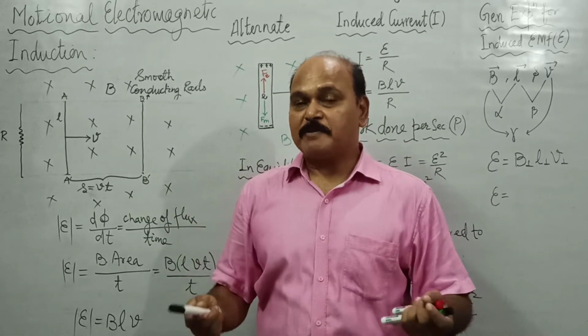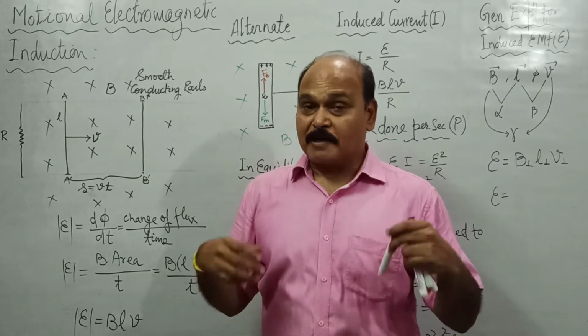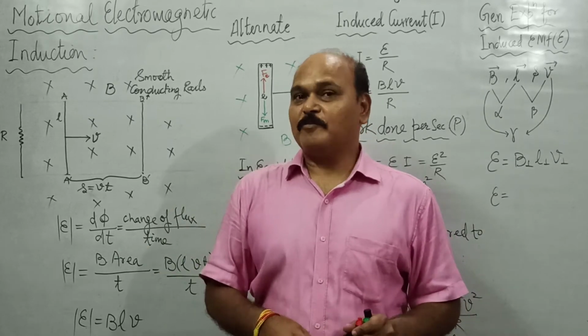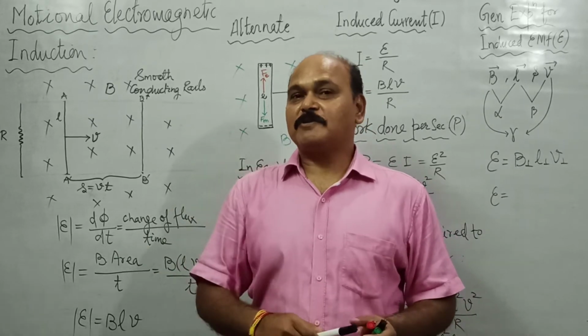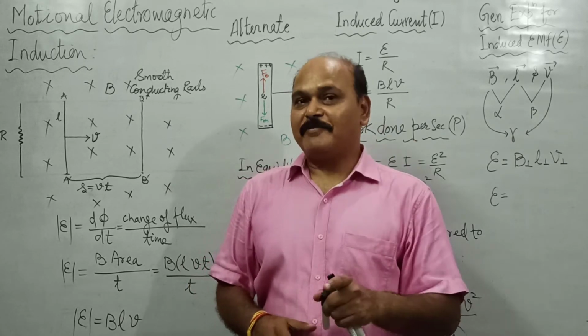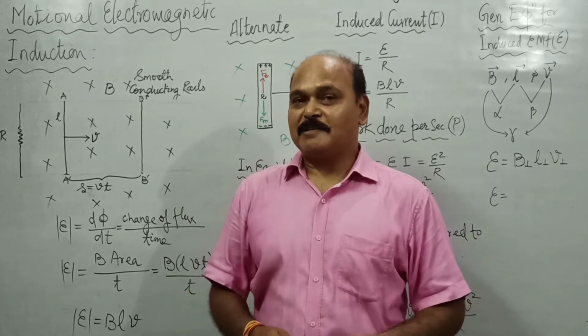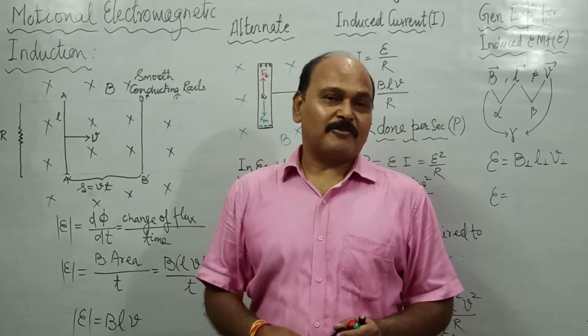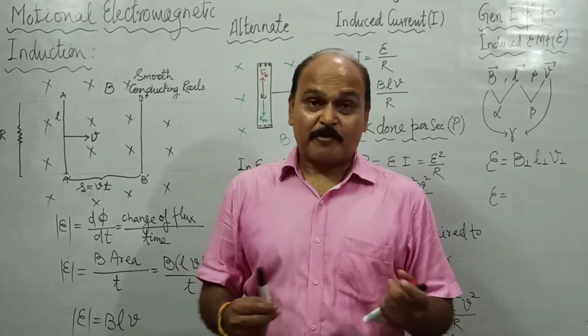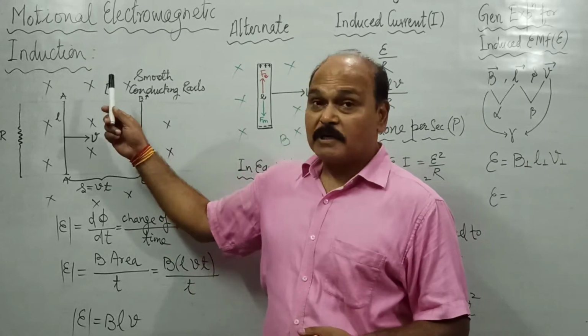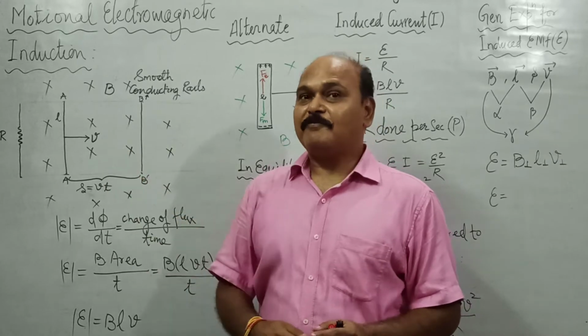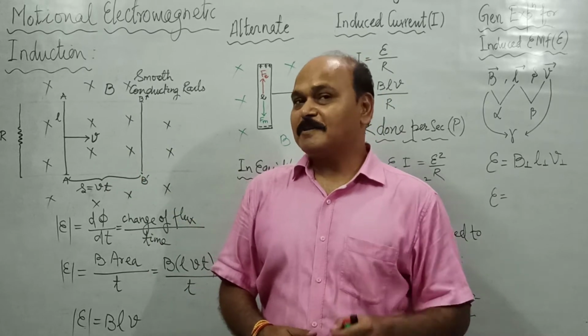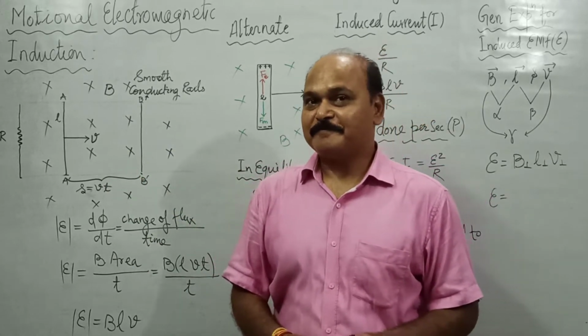It may perform translatory motion or the conductor may perform a rotational motion. Because of the motion of the conductor in a magnetic field, there is an electric potential difference induced across it. That potential difference is called motional EMF, and the phenomenon is called motional electromagnetic induction.